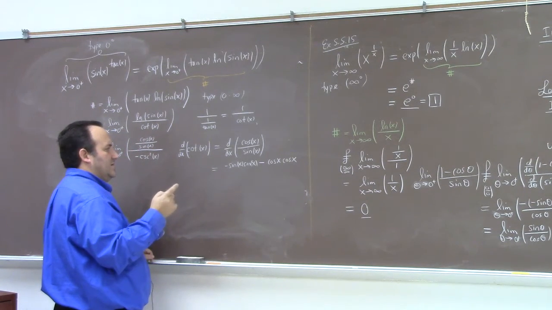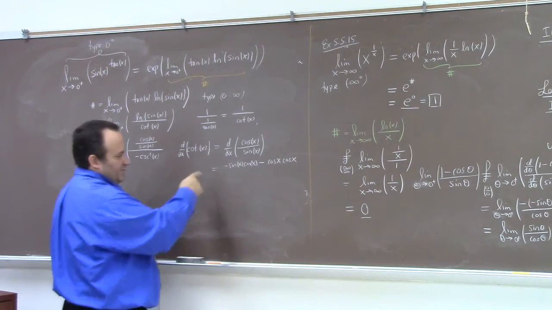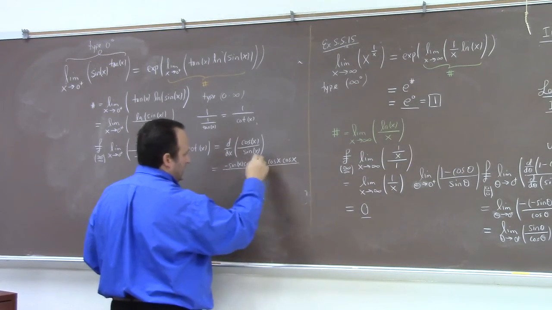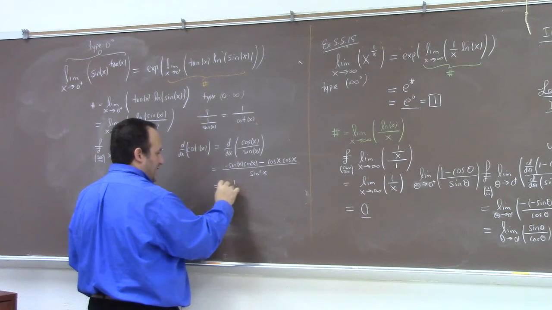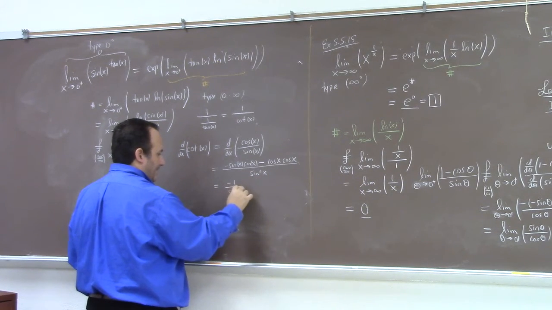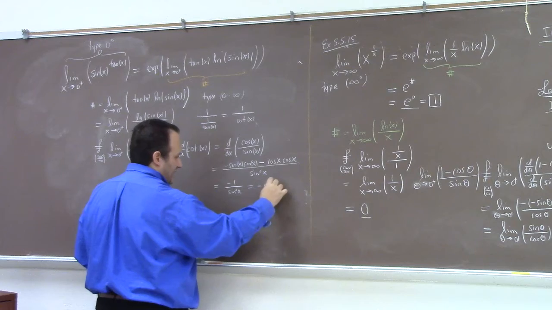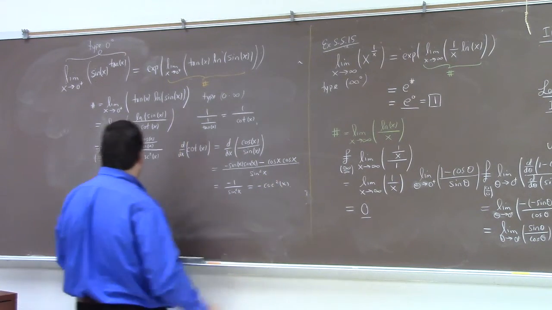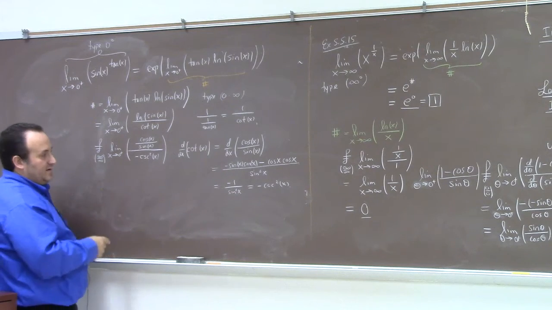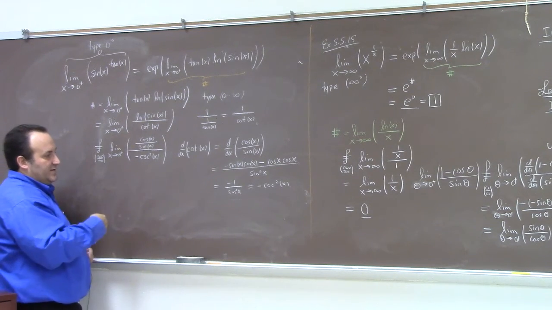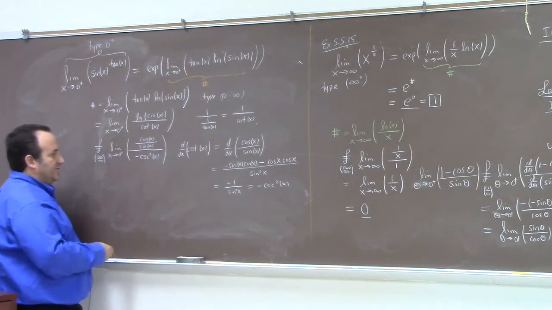Minus, and there's both minuses. Okay, it's fine. All is well. Divided by sine squared. So what you got is minus 1 over sine squared, which is also known as minus cosecant squared x. So that's why I wrote minus cosecant squared here, because the derivative of a cotangent is minus cosecant squared. There's the proof.